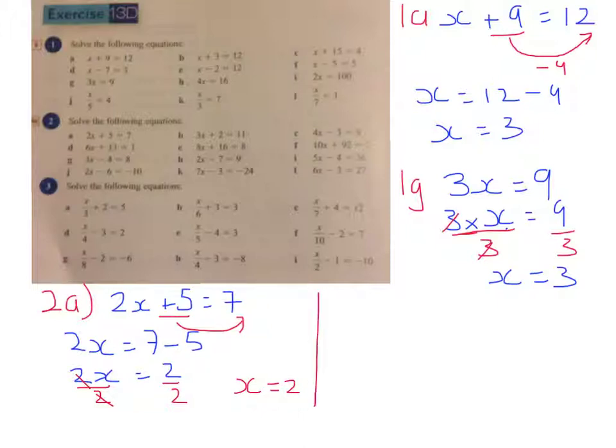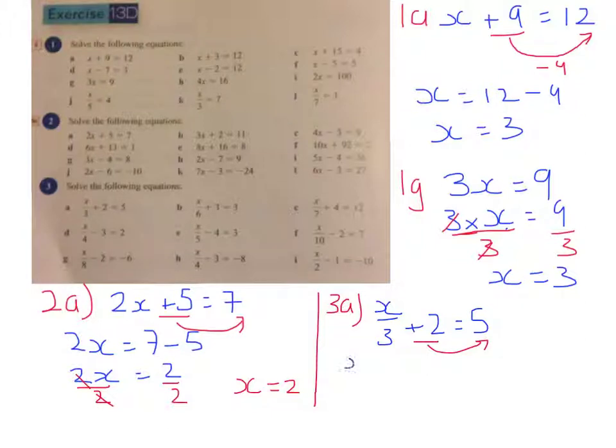Now, if I jump down to 3a, we end up with x over 3 plus 2 equals 5. So once again, we've got to take this 2 over to this side.